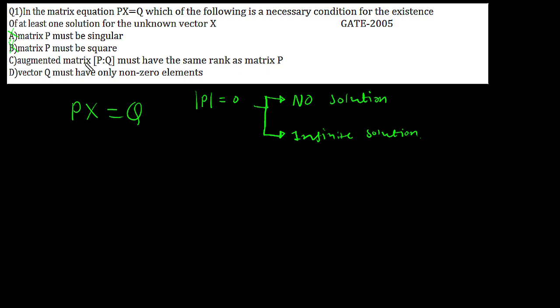Now option C says the augmented matrix formed with the help of the coefficient matrix P and Q must have the same rank as P. Yes, it is the correct statement, because you may recall that for the solution of simultaneous equations, the necessary condition is that the rank of the coefficient matrix is exactly the same as the rank of the augmented matrix.